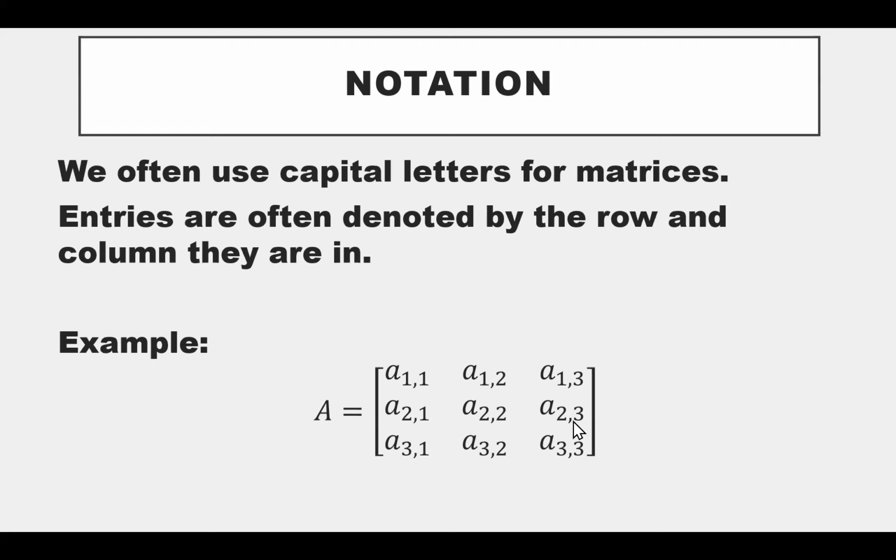The 2, 3 entry is in row 2, column 3. And the 3, 1 entry is in row 3, column 1. So that's how we denote the entries in a matrix when we don't know the specific numbers that they are.